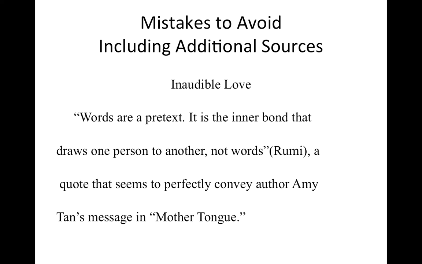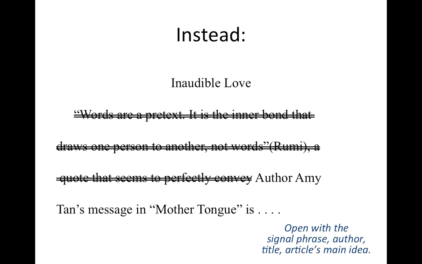The only source that you are to use in Essay 1 is the article that you're summarizing. So you don't want to add a quotation from another source. You don't need to do any additional research. So that needs to be left out of this paper.